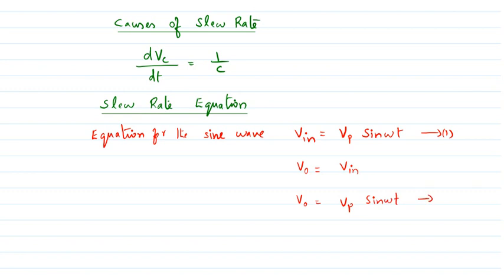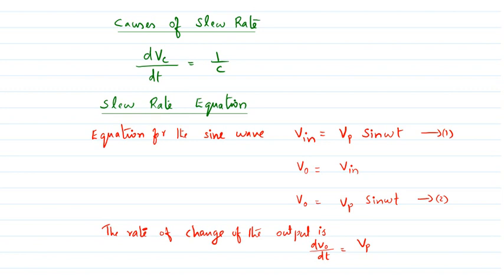Then we have to find the slew rate. Slew rate is the rate of change of the output, that is dV0 by dt, which will be equal to d of Vp sine omega t by dt.